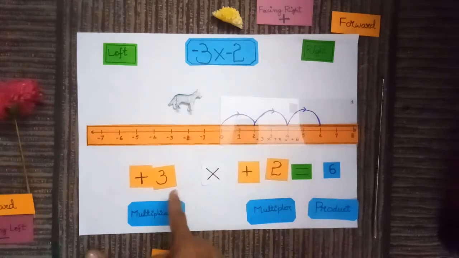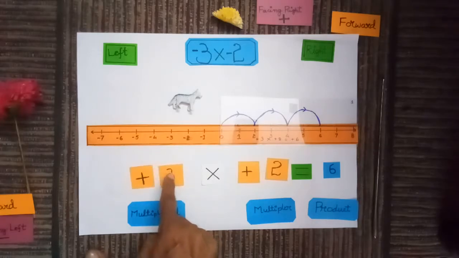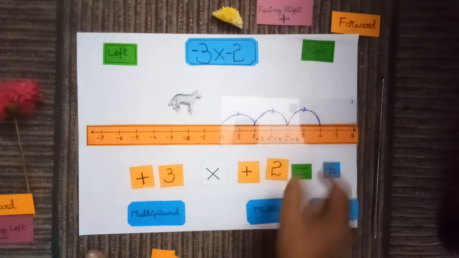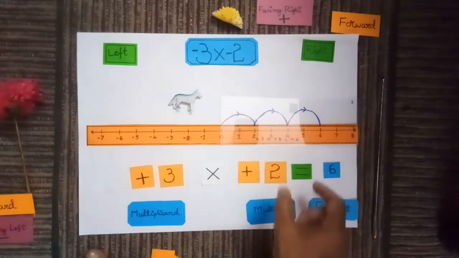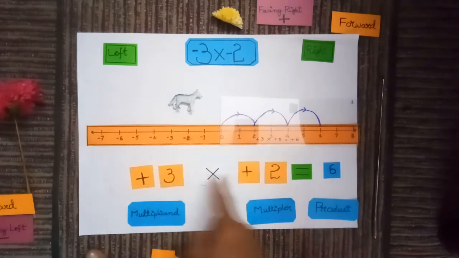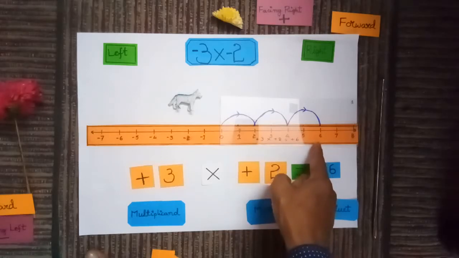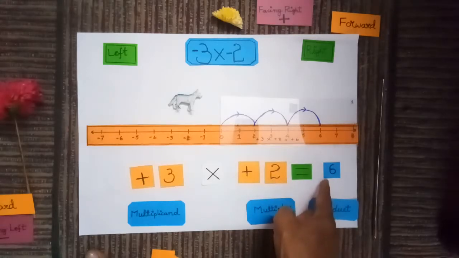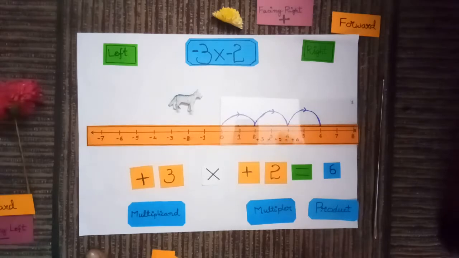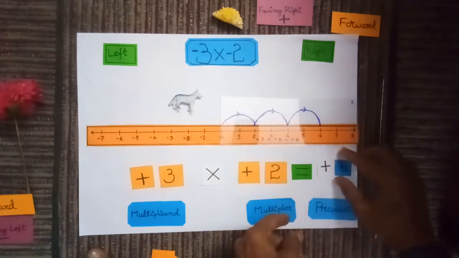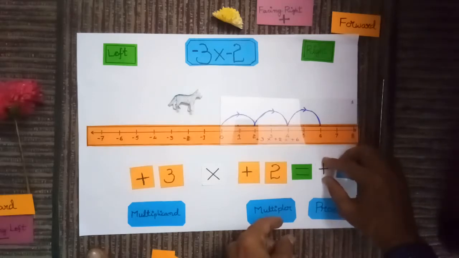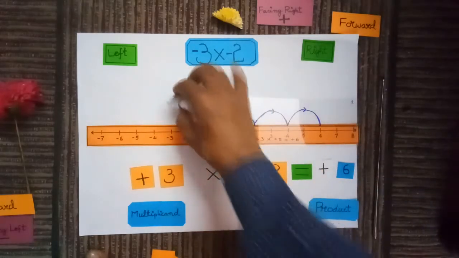This is the third jump. So plus 3 means it is making 3 jumps, and in each jump it is jumping by 2 units. Therefore plus 3 into plus 2, here you can see it is plus 6. Therefore we say the product is plus 6 only. This is case number 1. Okay, is it clear to you?